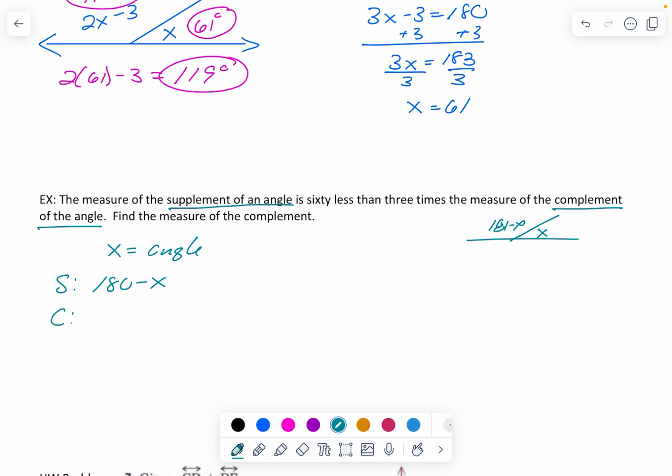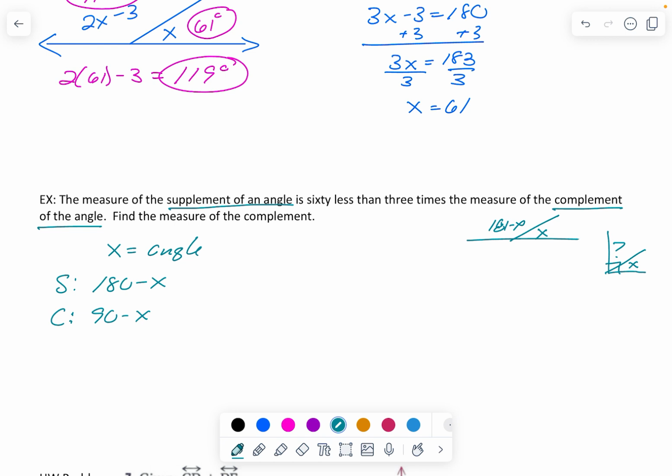Similarly, the complement of this angle will be 90 minus x. Same idea. If we had this and this was x, the way we would find the other angle would be to subtract from 90. So now that we've defined the supplement and the complement of an angle, we are going to write our equation.